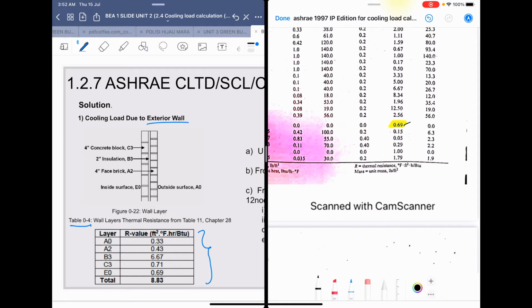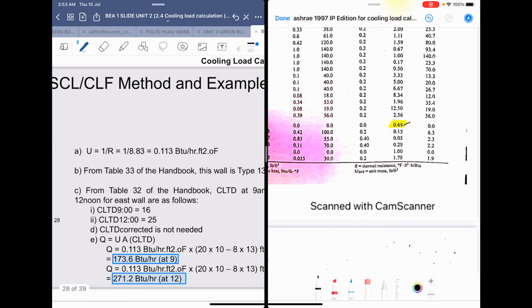Okay, to get the U value, you must get the total R value first. So the total of the resistance, the R value, is 8.83 feet square Fahrenheit hour per BTU.